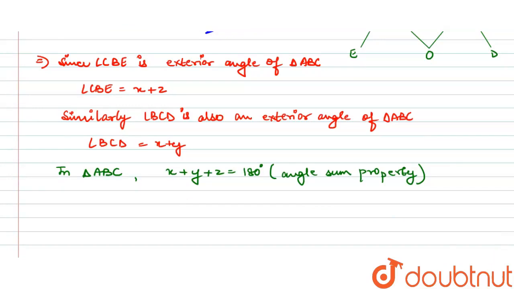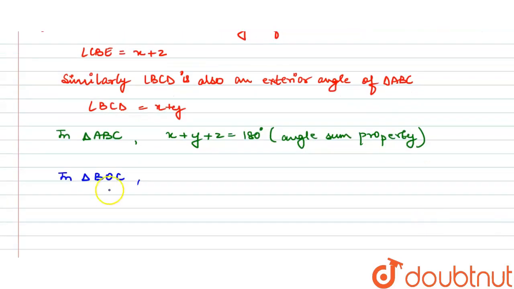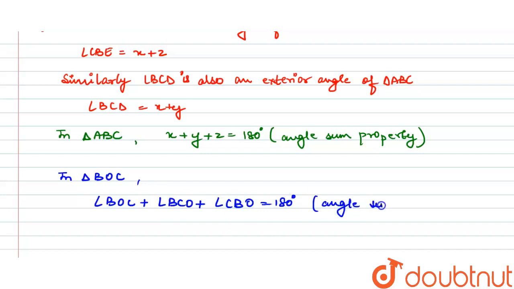Now we move on to triangle BOC. Again using the angle sum property, angle BOC plus angle BCO plus angle CBO will be equal to 180 degrees.